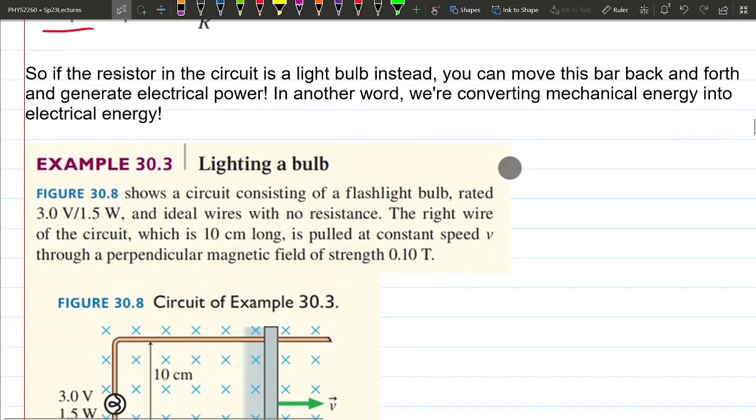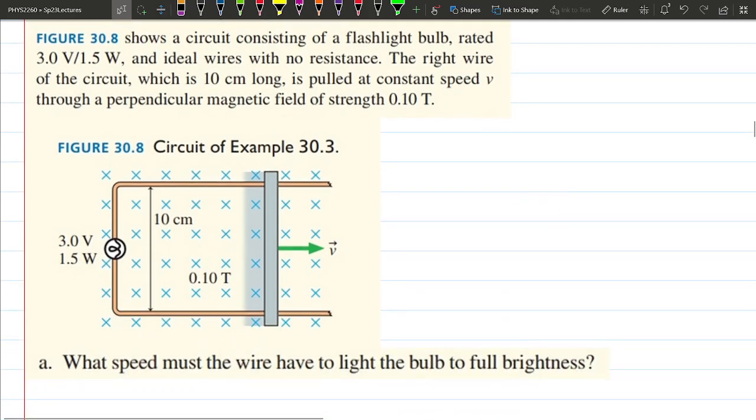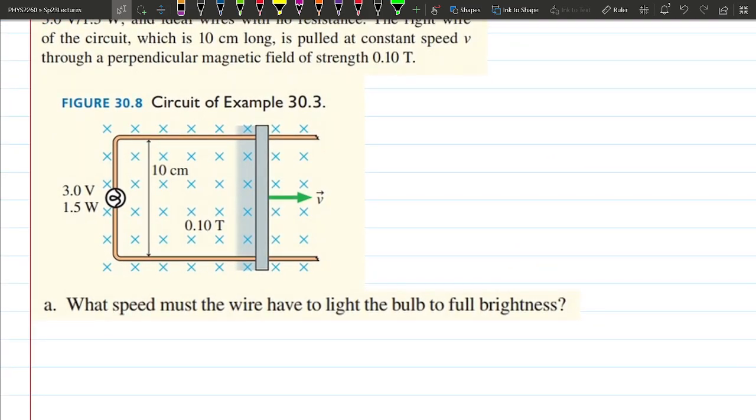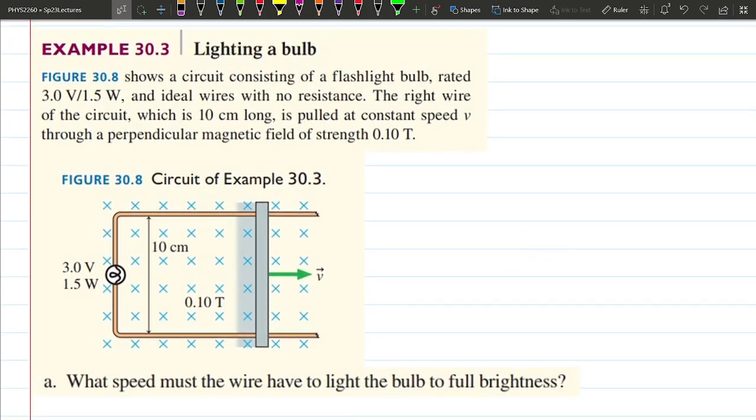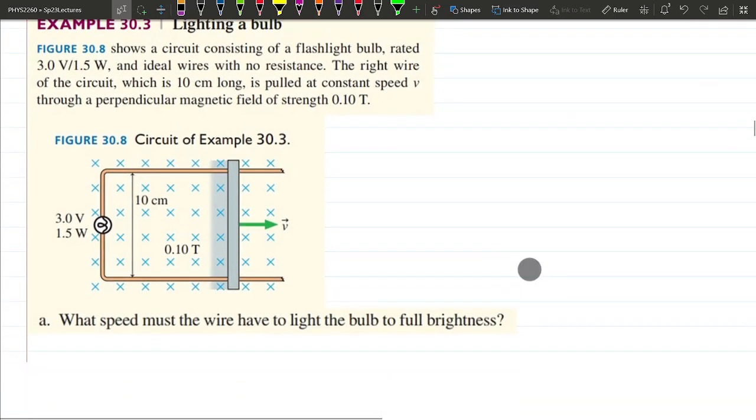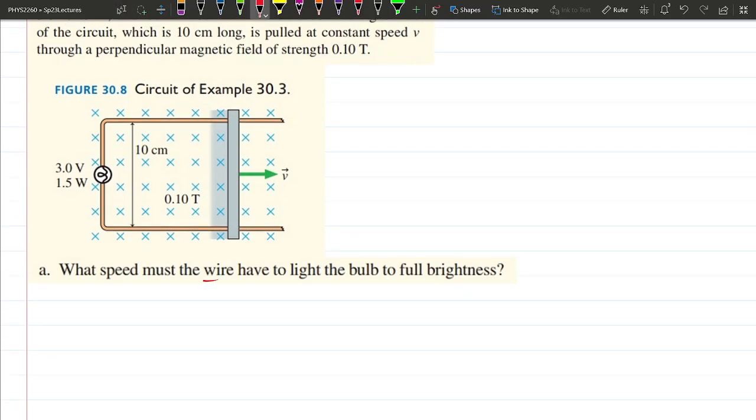The example down here, I'm just going to go through it. It's pretty quick. Let's do this example real quick, where we have a little slide bar power generator and we're trying to light up a 1.5 watt light bulb. What speed does the slide wire have to be traveling in order to light up this light bulb to full brightness, meaning maximum power of 1.5 watts?